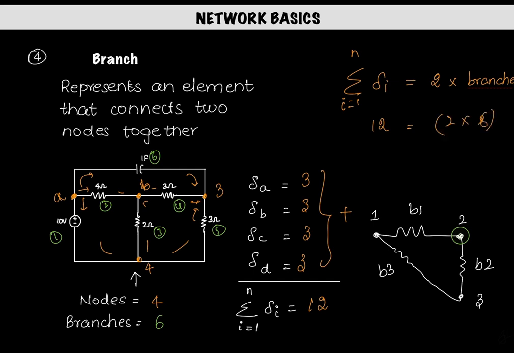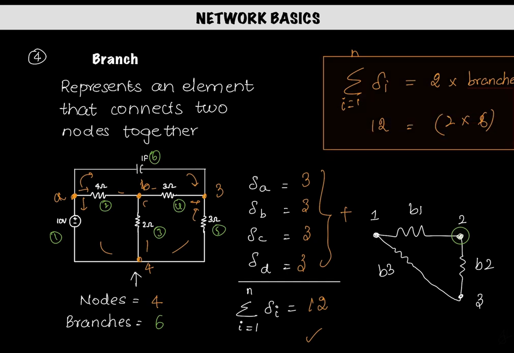So for this case this is fine, but how are we generalizing it? Always, the sum of delta will be equal to 2 times the number of branches. How can we generalize this? This is from the fact that every branch contributes to 2 deltas, right? If I have a branch B1, then it is going to contribute 1 delta here and 1 delta here. And if I have a branch B3, then it is going to contribute 1 delta here and 1 delta here.